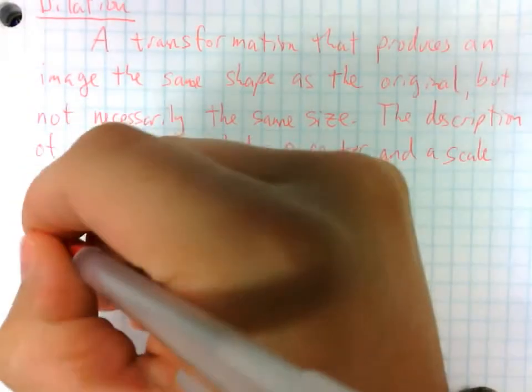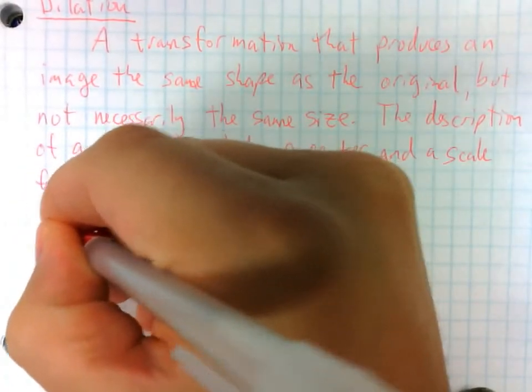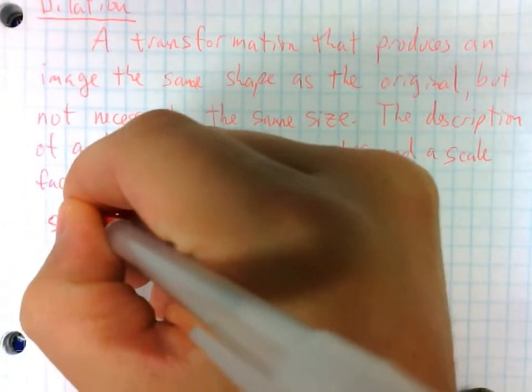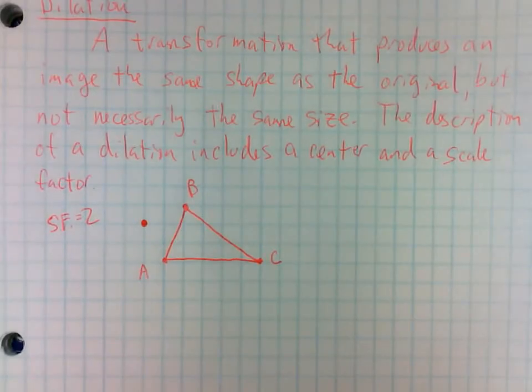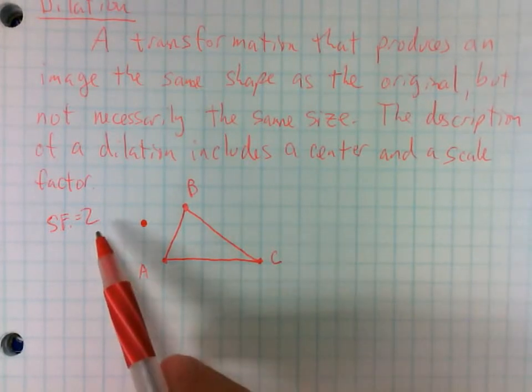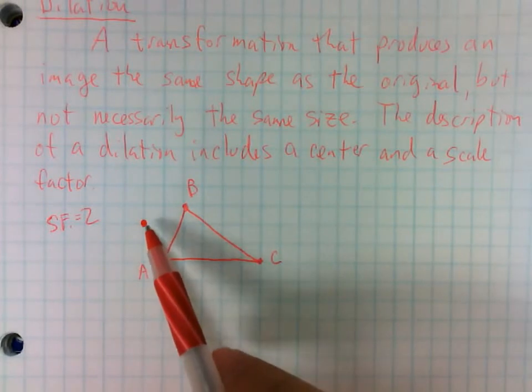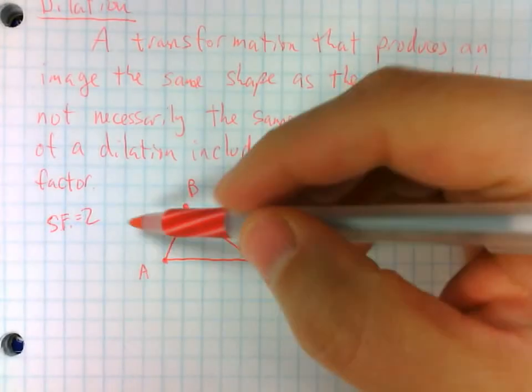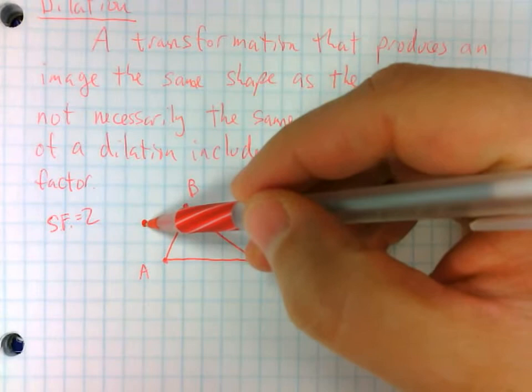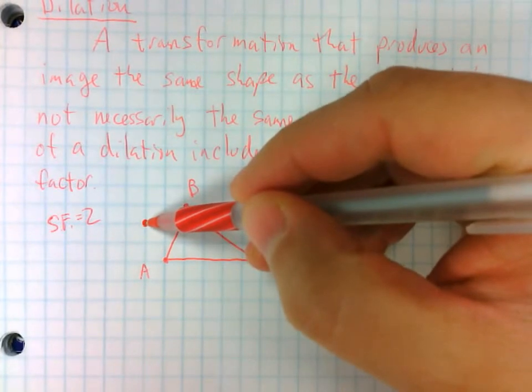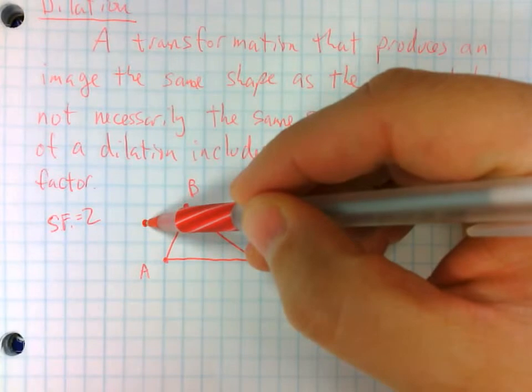Okay, and we'll do a scale factor of 2. What a dilation does is it moves each point by the scale factor that distance away from the center point. So any point that's right on the center point would stay on the center point, because if I double 0, I get 0.